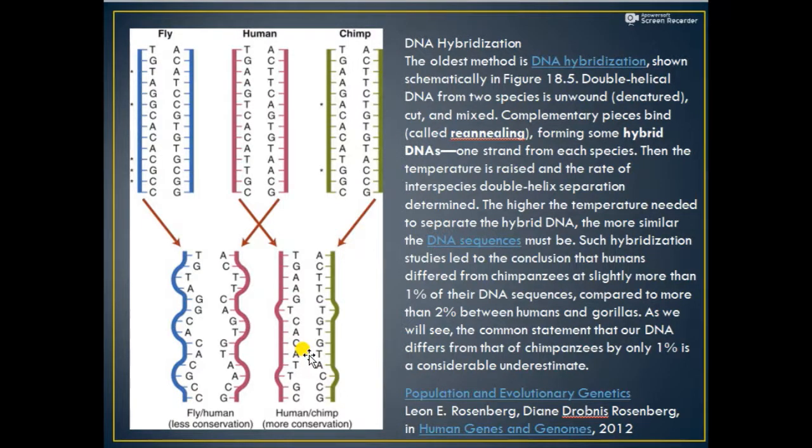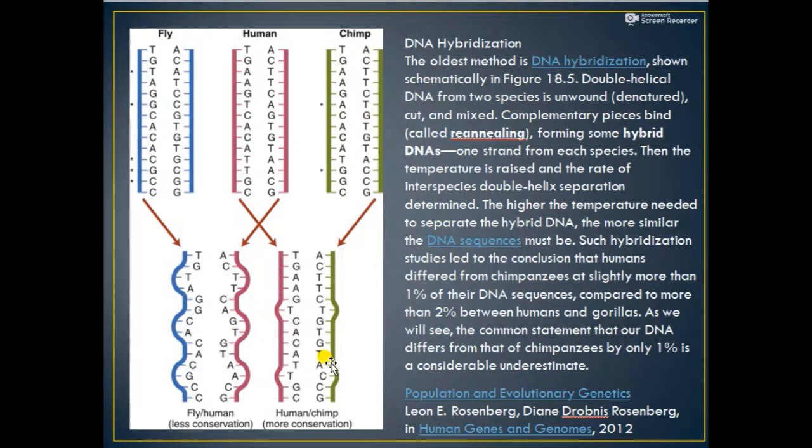They were allowed to hybridize, and you can see that the human and the chimp have been found to have more conservation. So in this example, the probe being used was probably considered to be human DNA, and they are checking whether the human DNA is getting probed with the two different target DNAs, one a fly and the second a chimp.